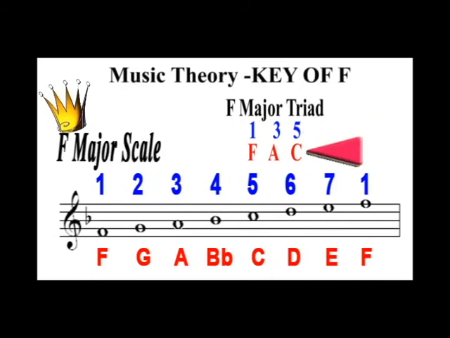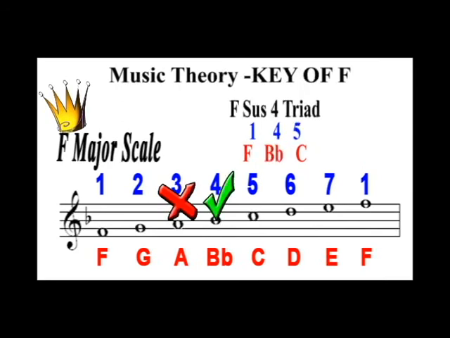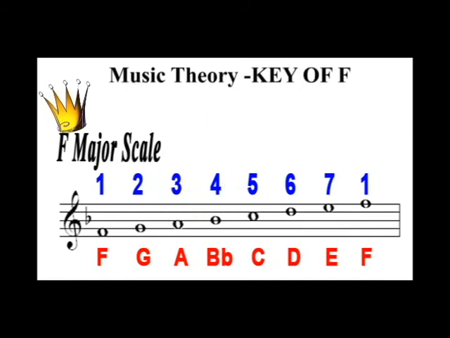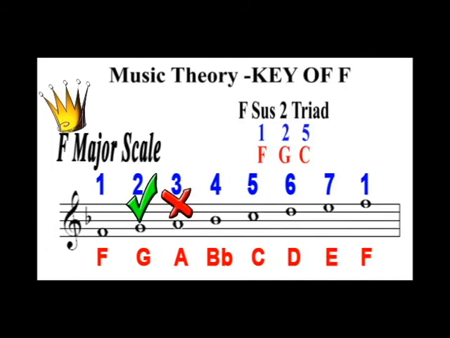The spelling is F-A-C. If I were to take the third note of the scale, the note that makes the chord major or minor, and replace it with the fourth note of the scale, I have a chord called F suspended 4. If I were to take the second note of the scale and put that in place of the third note, the A, I would have a chord called F suspended 2.